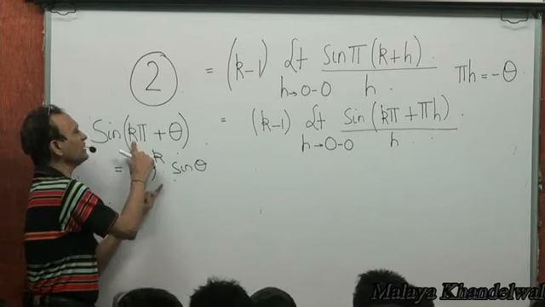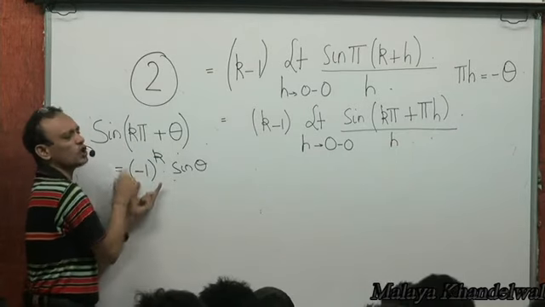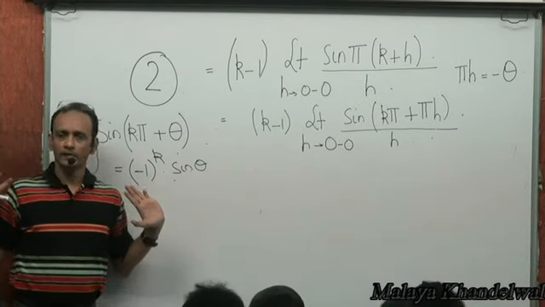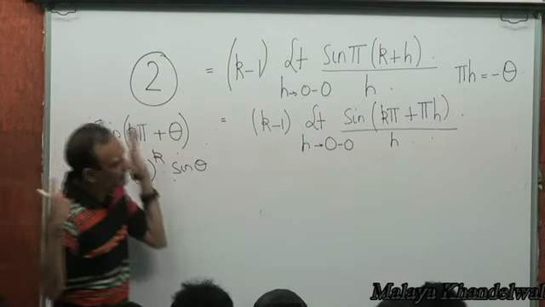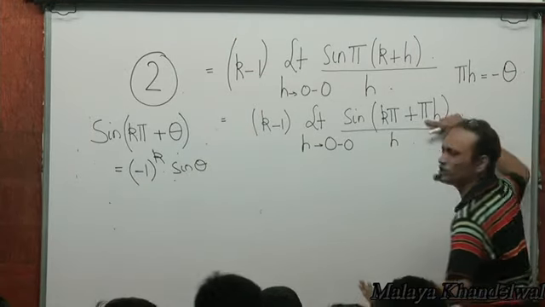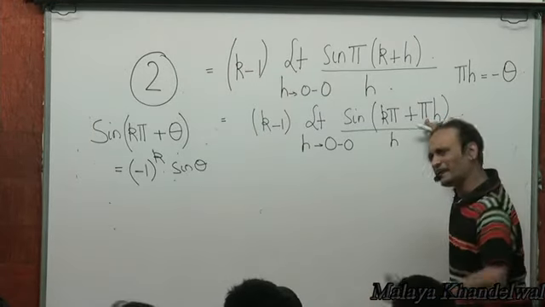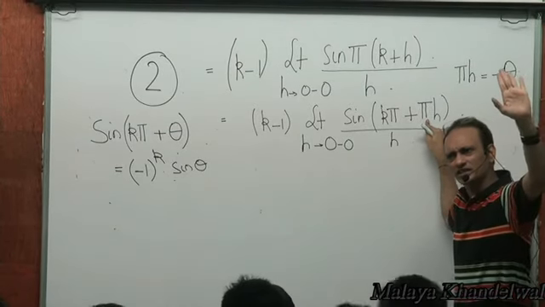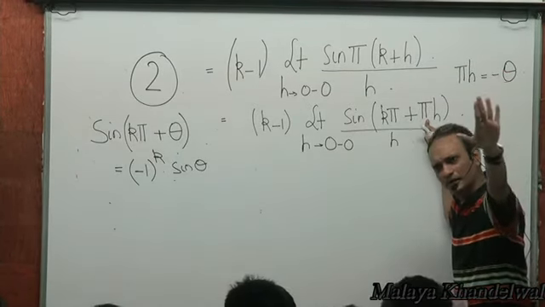See, when K is even, it will be sine theta. When K is odd, it will be minus sine theta. Yes or no? This is true for all theta. So then, why bother about whether theta is positive or negative? It will bring along its own sign. You don't break your heads over the sign at all. Right? Let's make life simple here.